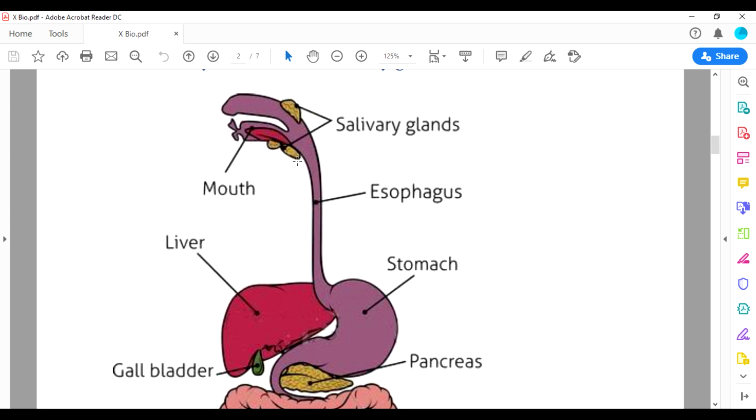In the mouth, three pairs of glands open to release a watery substance, that is saliva, and these glands are called salivary glands. So the first digestive gland is the salivary gland, which secretes saliva in the mouth.